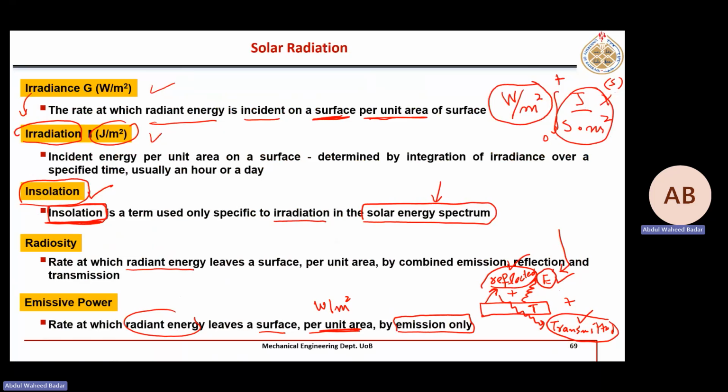Only the emission part is called emissive power. So try to remember all these terms. Those will be used to calculate different types of radiation in coming chapters.